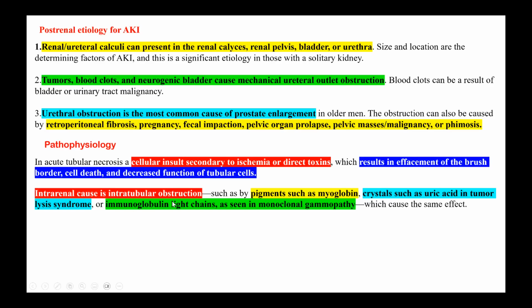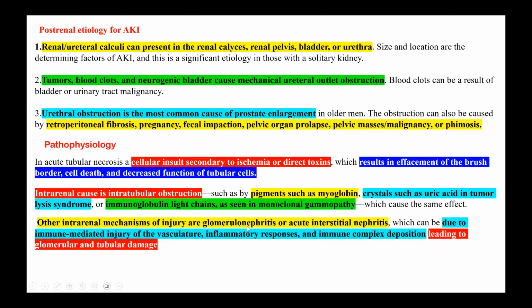So intrarenal causes of tubular obstruction could be myoglobin, crystals in urine, uric acid in tumor lysis, and immunoglobulin in monoclonal gammopathy. And other intrarenal mechanisms are glomerulonephritis and acute interstitial nephritis, which is due to immune-mediated conditions where a vasculature inflammatory response leads to glomerular and tubular damage.